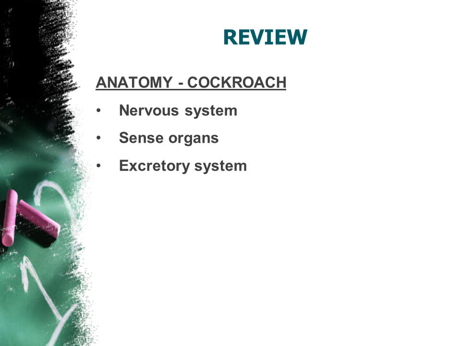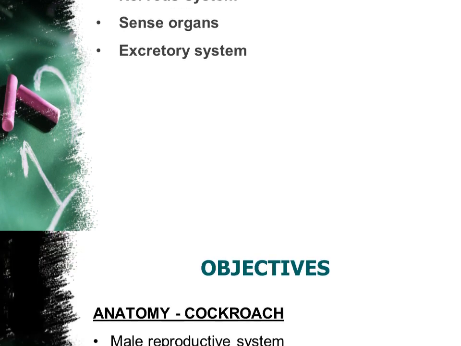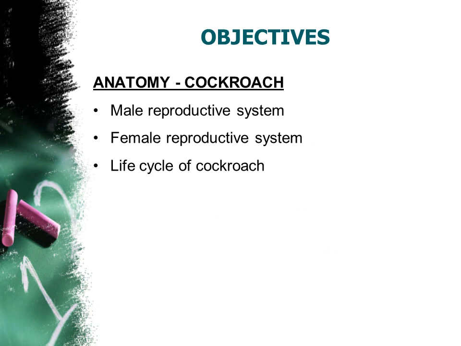In the previous session, we learned about the nervous system, sense organs, as well as the excretory system of the cockroach. Today we are supposed to discuss the reproductive systems: the male reproductive system of cockroach, the female reproductive system of cockroach, as well as the life cycle of cockroach.